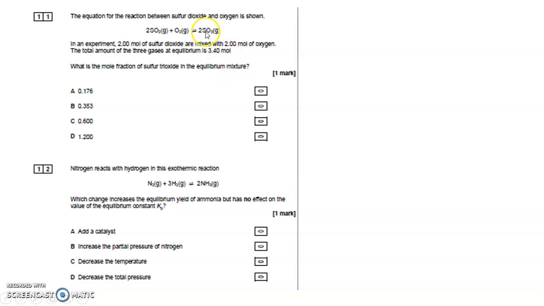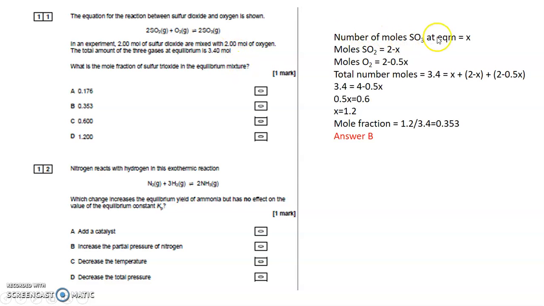Well, what I'm going to do is I'm going to say that the number of moles of SO3 is X. Since 2 moles of SO2 make 2 moles of SO3, the number of moles of SO3 that are made are the same as the number of moles of SO2 that are used up. So if I start with 2 moles of sulfur dioxide and I'm making X moles of SO3, I must have used up X moles of SO2 to make X moles of SO3.